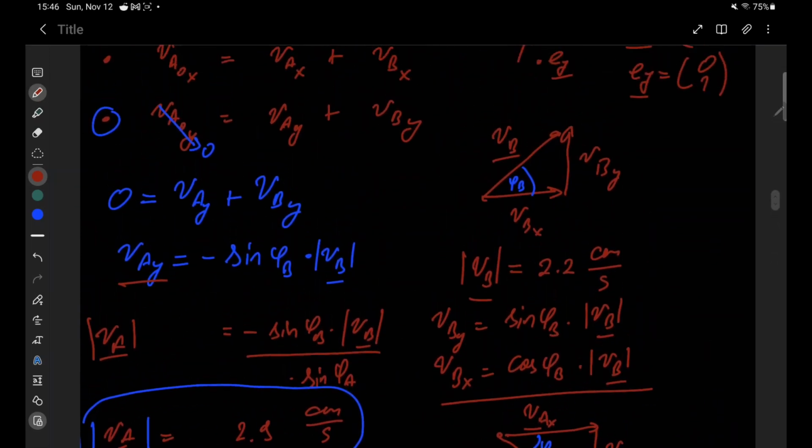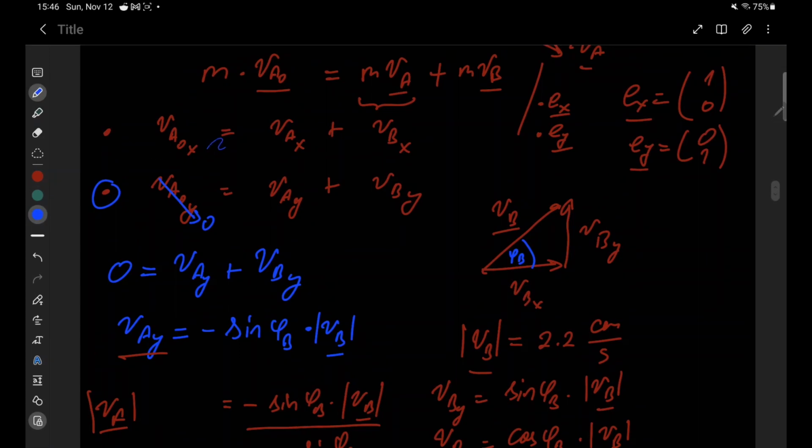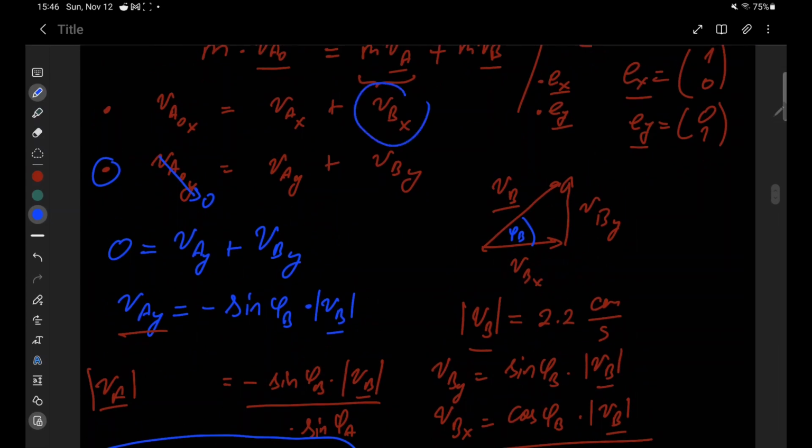Let's get back to our two equations. We can immediately see that we have it here. Now, we have this already calculated. This we can find, so it should just be as easy as plugging in.